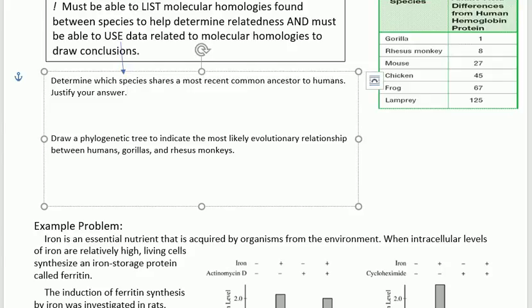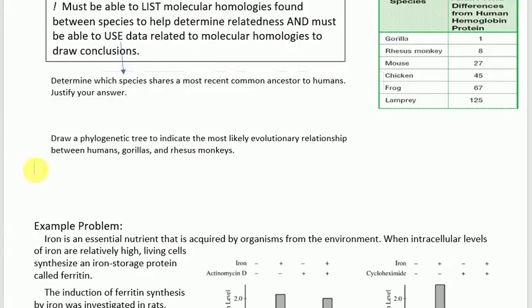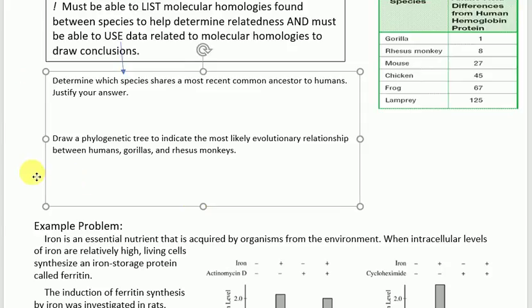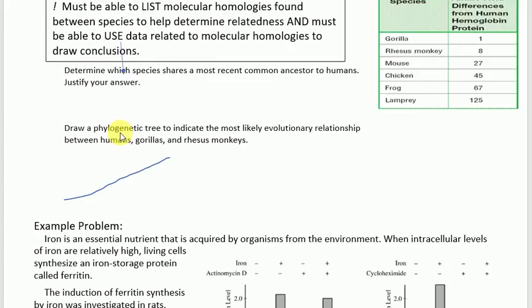So in this case, if I can get my computer to participate, what you're going to do is you're going to draw a line, and right here at the beginning, this is humans, and then the more closely related to us would be a little branch off here for gorillas, and then we have 8 with the rhesus monkey, so we would have another branch off there for the rhesus monkey.